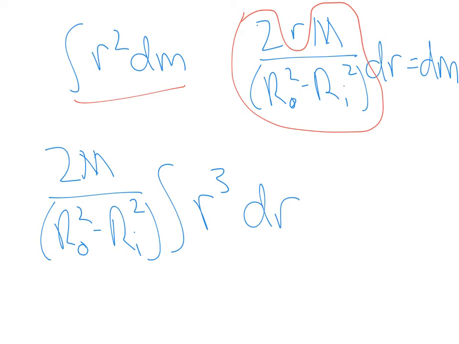And then we integrate along that radius, right? And so this is the part where you actually do any sort of actual calculation, calculus-wise, right? And so you're looking for an antiderivative of r to the third power. What, the derivative of what gives you r to the third? That's r to the fourth over 4.